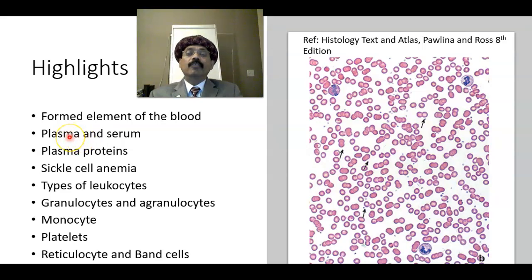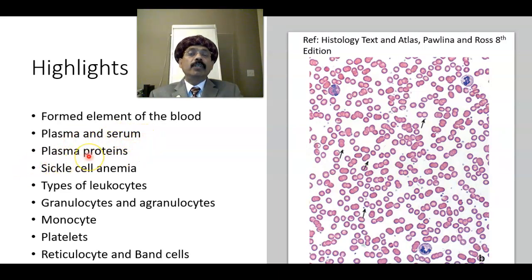When the blood is clotted, the protein is consumed by the clot. The fluid portion of the blood after clot formation, we call it serum.